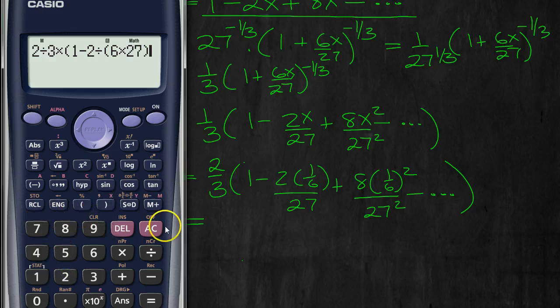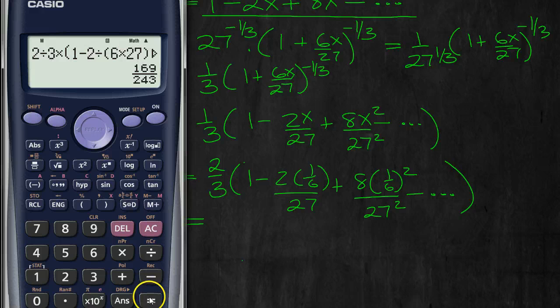Then plus 8 divided by bracket 6 squared times 27 squared. Close that bracket, and then close the bracket for the times 2/3, equals 169 over 243.